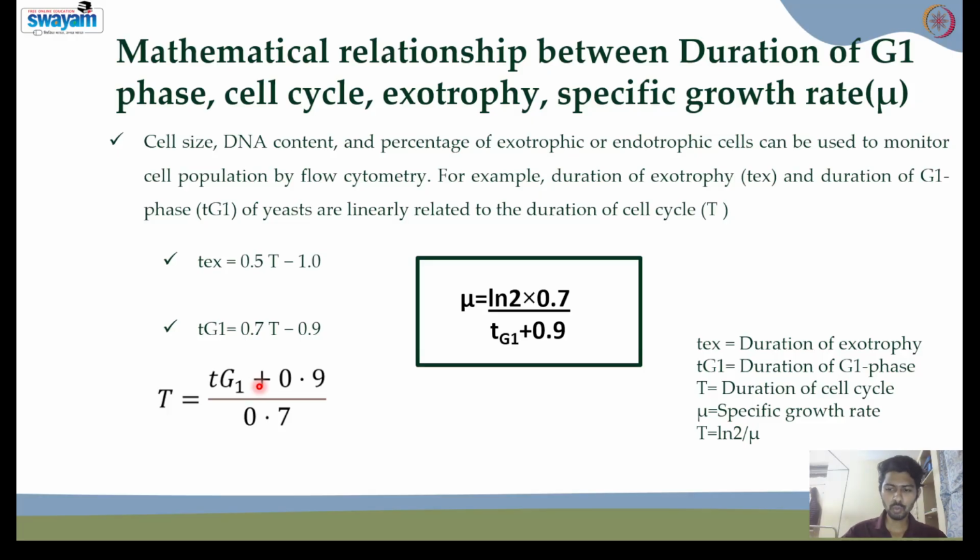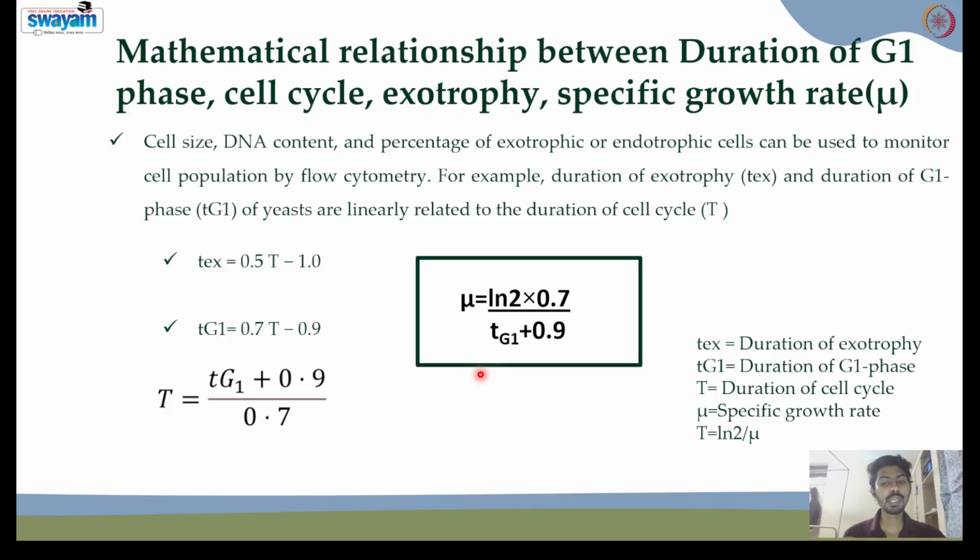And if you could calculate the duration of the cell cycle, you could calculate the specific growth rate. So if you know any one piece of information, the rest can be obtained through these formulas. This is the main mathematical relationship between all the parameters like G1 phase, duration of the cell cycle, duration of the exotrophy, and the specific growth rate.